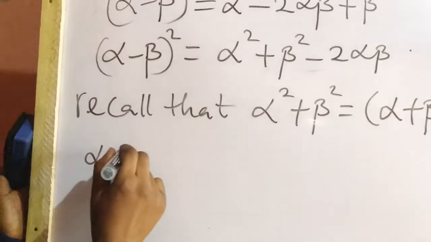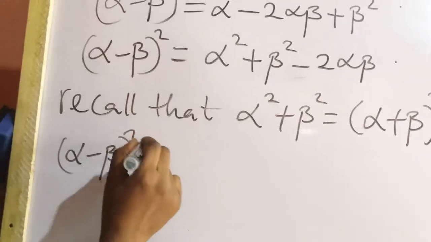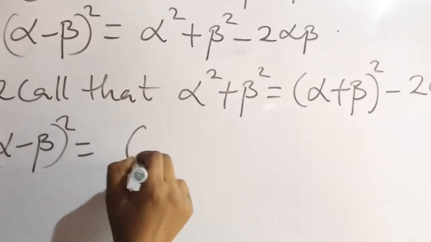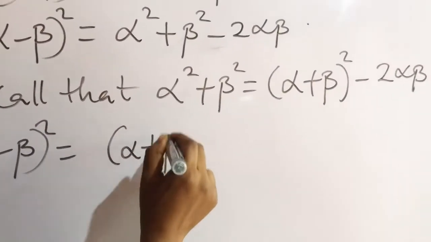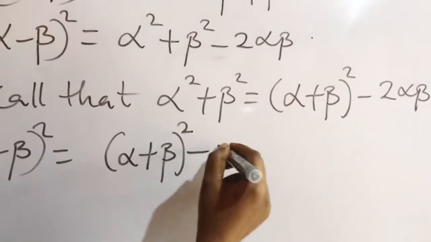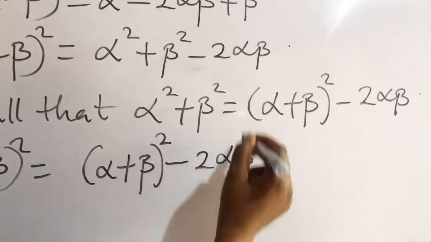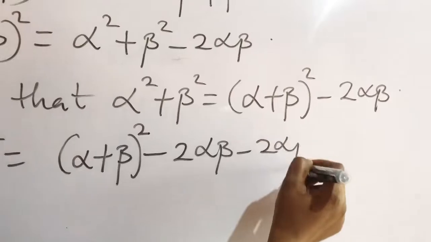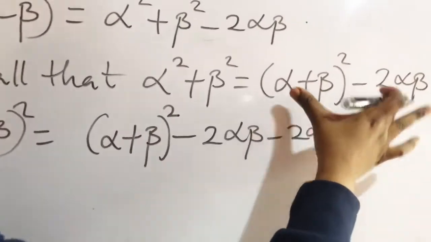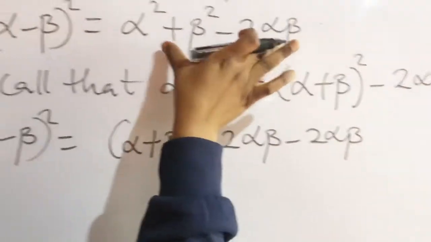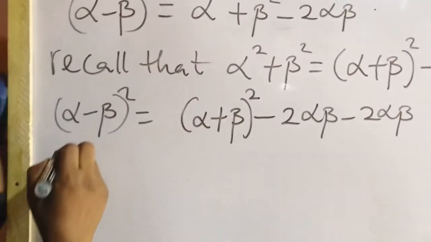So alpha minus beta squared will now be equal to alpha plus beta squared minus 2 alpha beta, then minus 2 alpha beta. I substituted this value inside this expression.